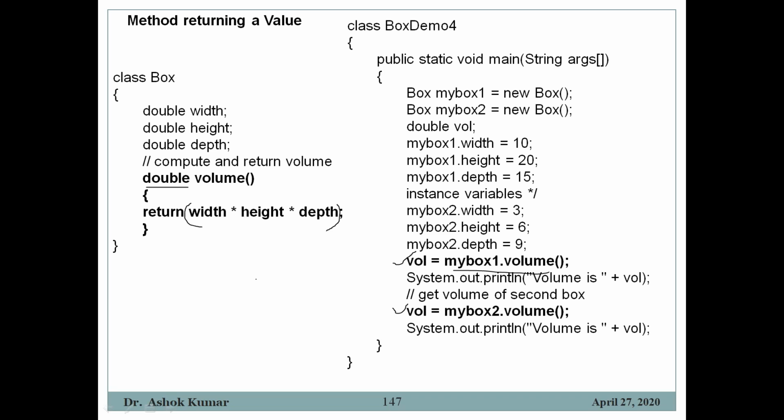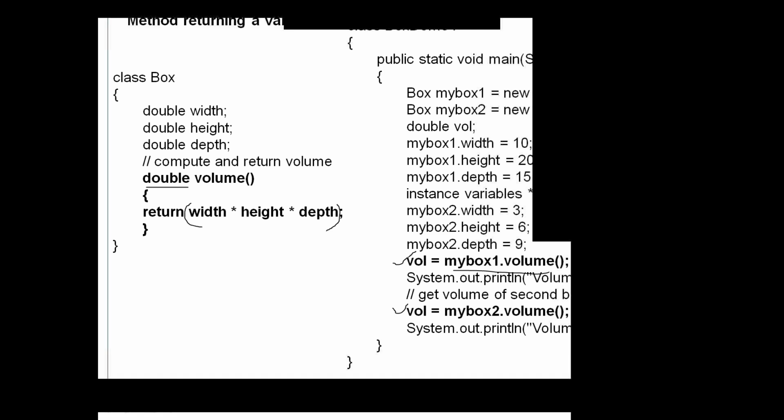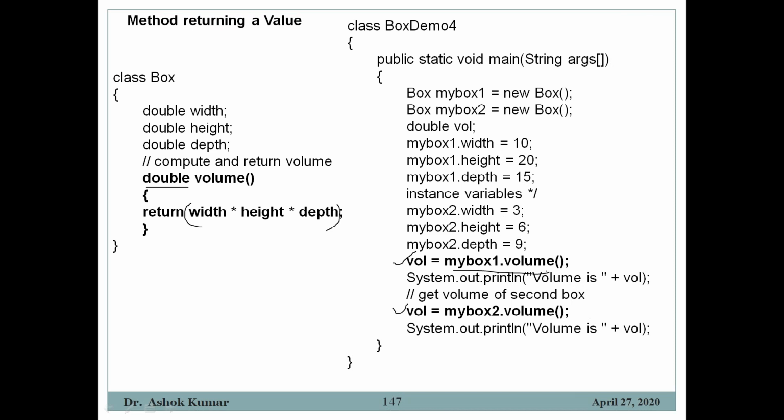This will be returned back to the left hand side variable. So the vol value will be 3000, and the next line will print that value. Volume is equal to this much, right? Volume is 3000. Then we are calling the same method again, mybox2.volume. So this method will be called again.